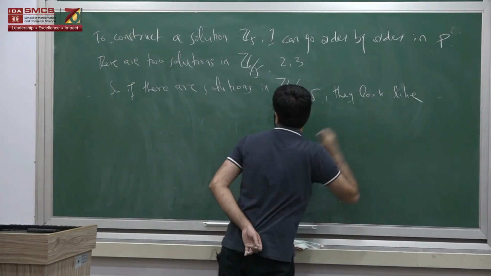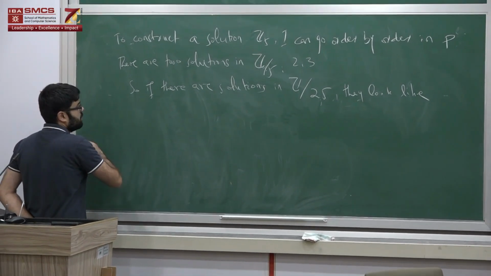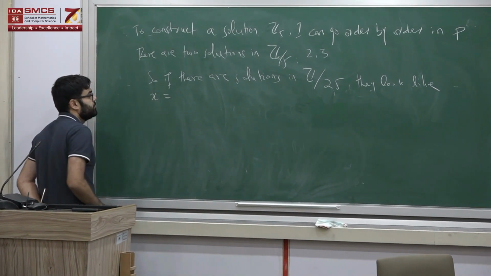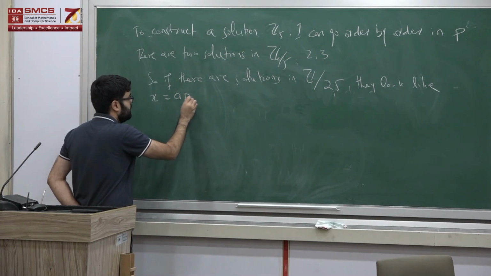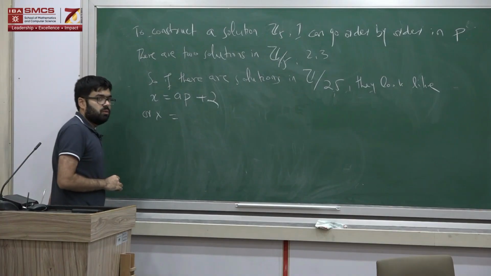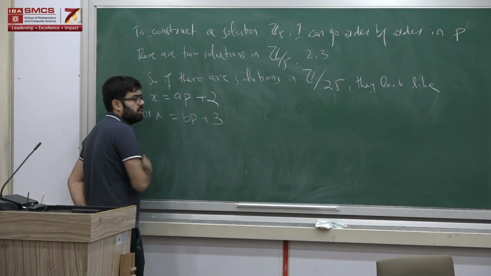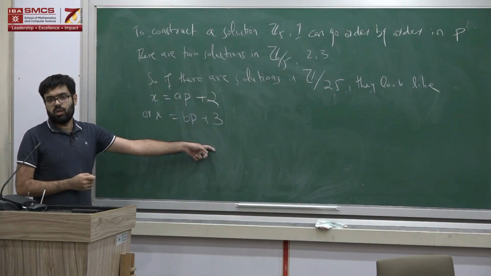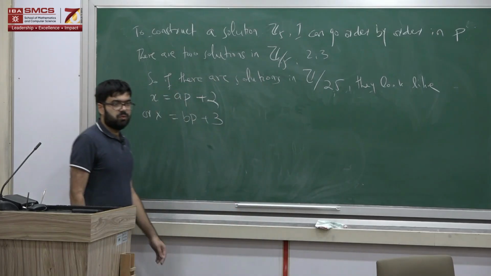there are 2 possibilities, and one case is, let me write, x is, let's say, a times p plus 2, or x is equal to b times p plus 3. This is because I still have the reduction map. If I reduce it mod p, I should get back the solution I had before.